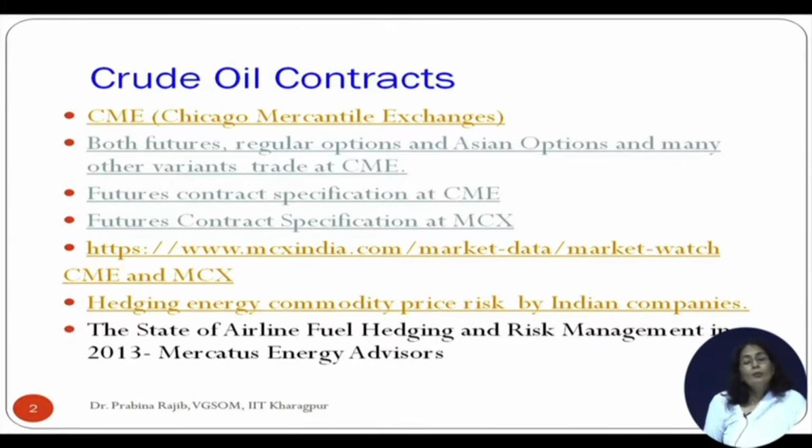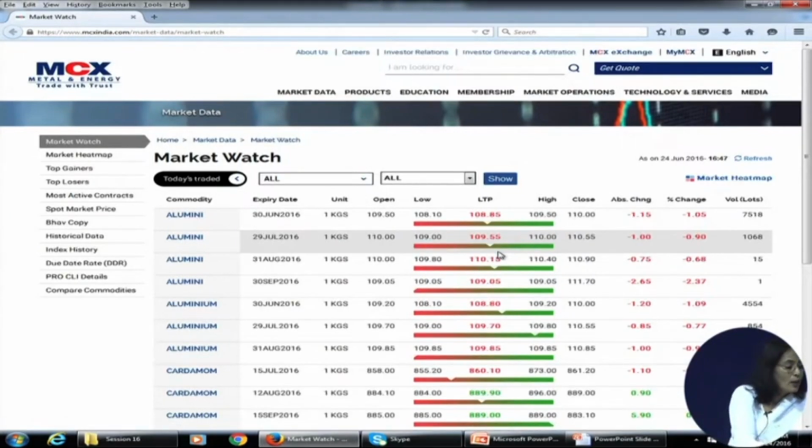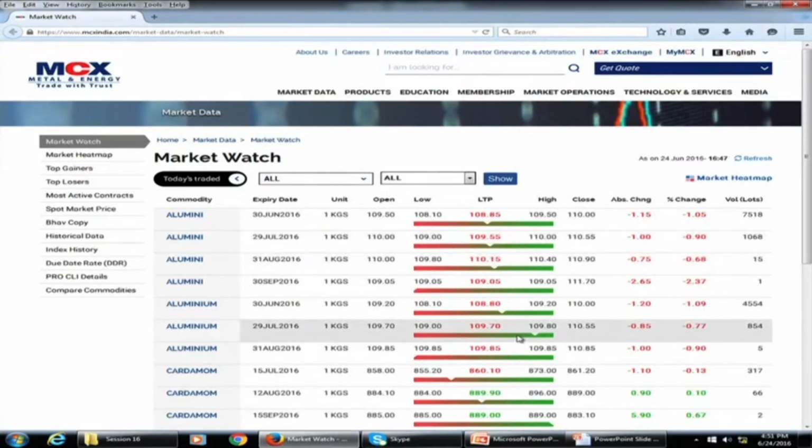So now the MCX market will be open, so I thought of spending a couple of minutes showing you how these Indian commodity derivative exchanges inform about current happenings in commodity derivatives trading through their website. So let's go to this website and focus more on what is happening in the crude oil futures market.